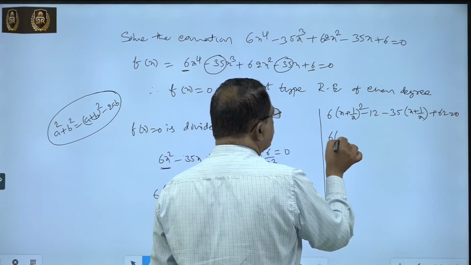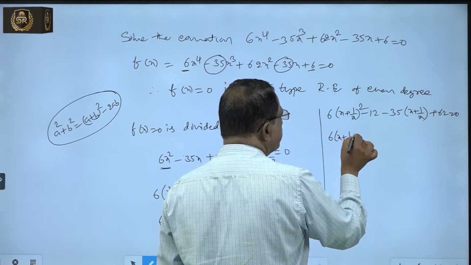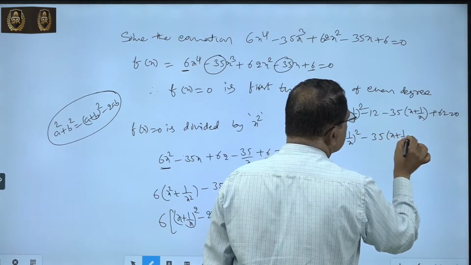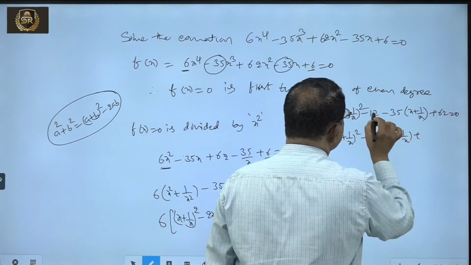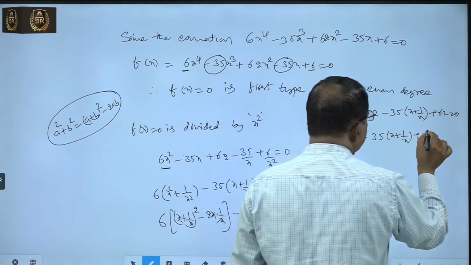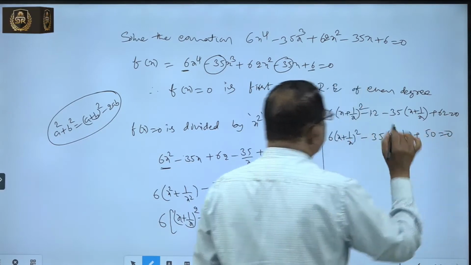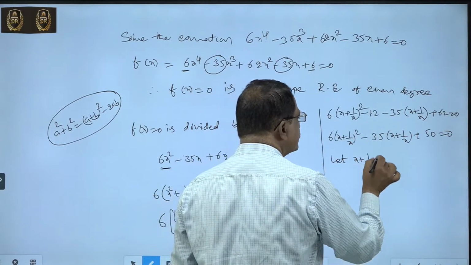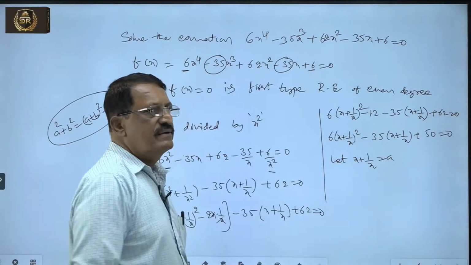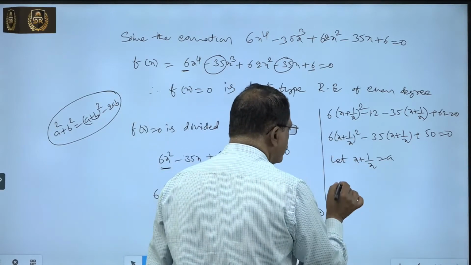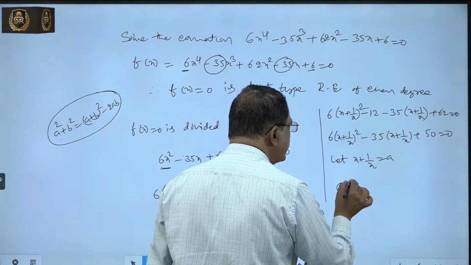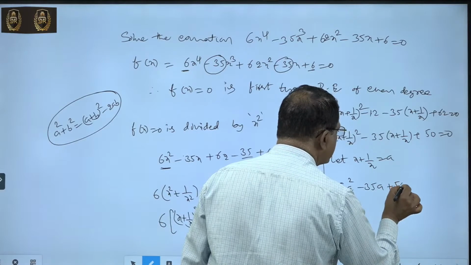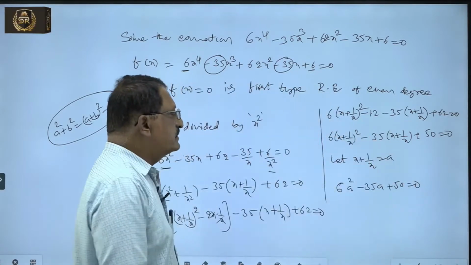Now, 6 of x plus 1 by x whole square minus 35 of x plus 1 by x plus 50 equals 0. Now, let x plus 1 by x equals a. Now, we get 6a square minus 35a plus 50 equals 0.